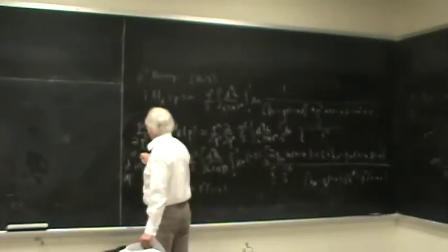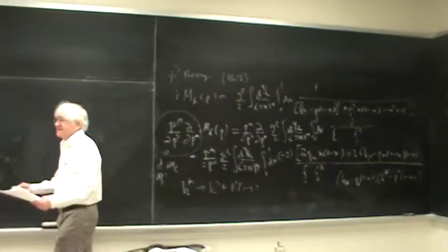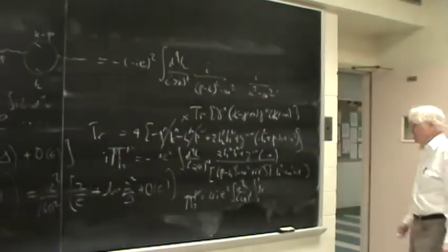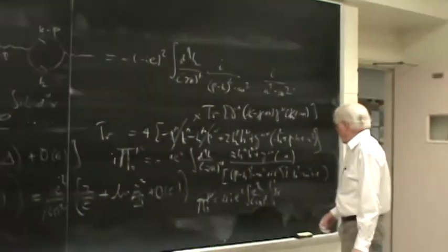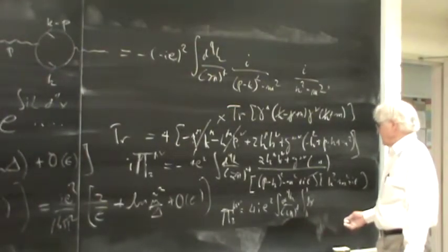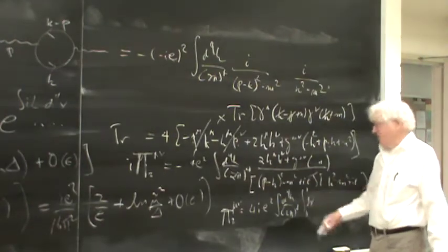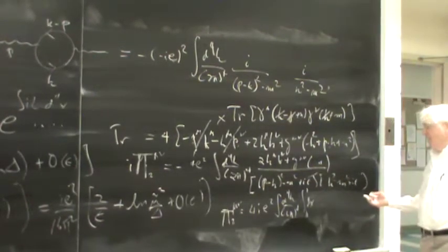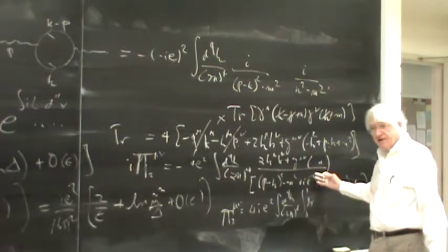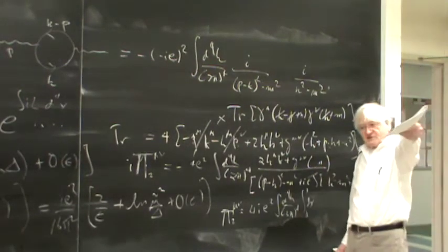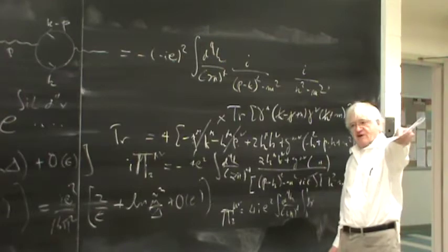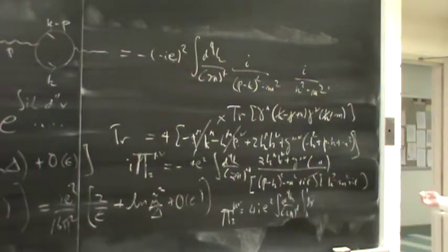In other words, apply this operation, which is effectively d by dp squared, to this thing, and that would then just act on the p here, and it would give us something that was higher. It would give us this thing squared, and then we would use one of those Feynman things, 1 over ab squared, and then we'd get an integral that was entirely convergent. Then we could shift, because it's convergent.